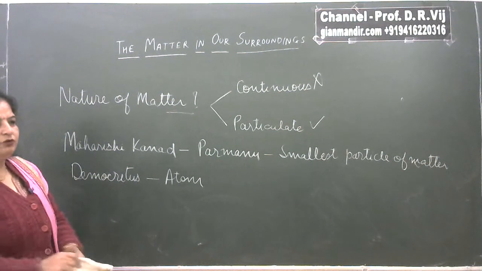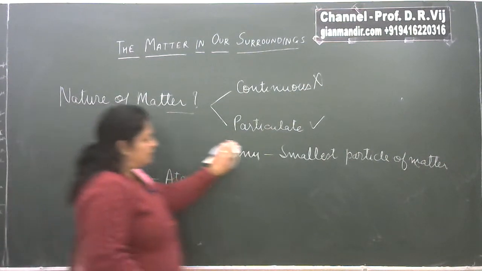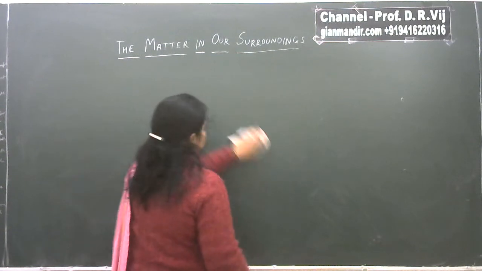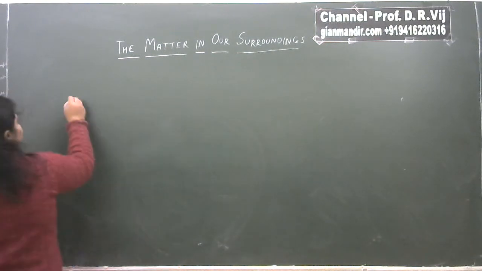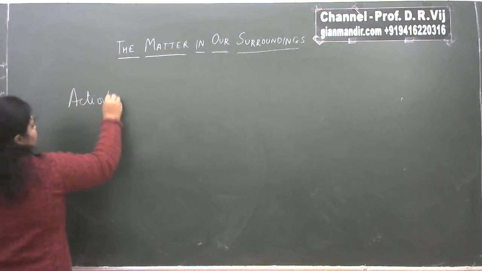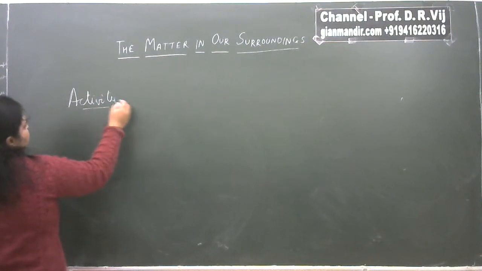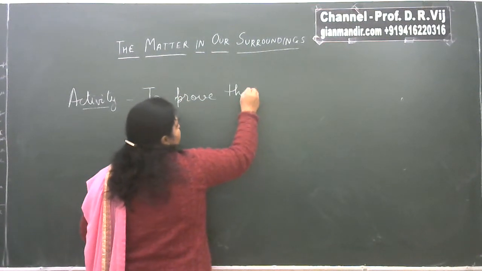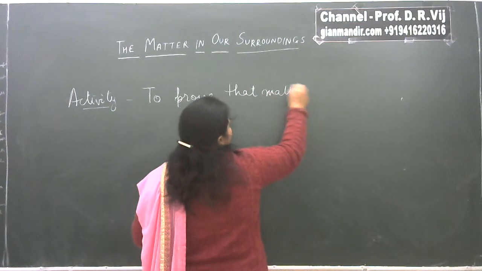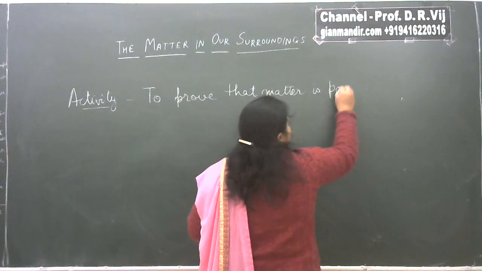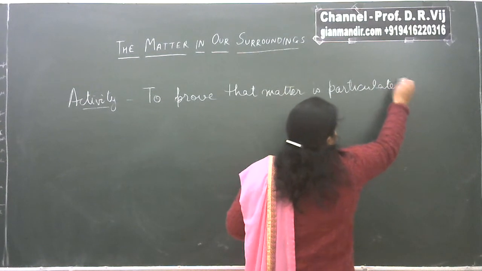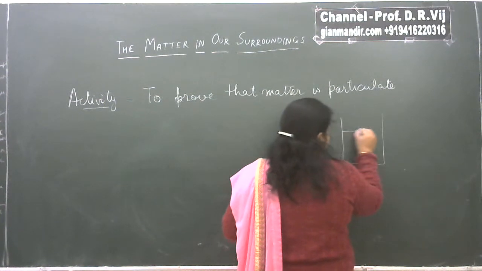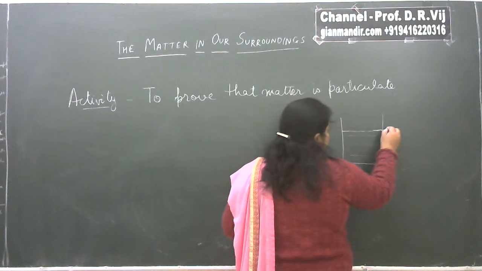So we can perform an activity to show that matter is particulate in nature. To prove that, let's take a glass of water containing some amount of water, and mark the level of water in the glass.